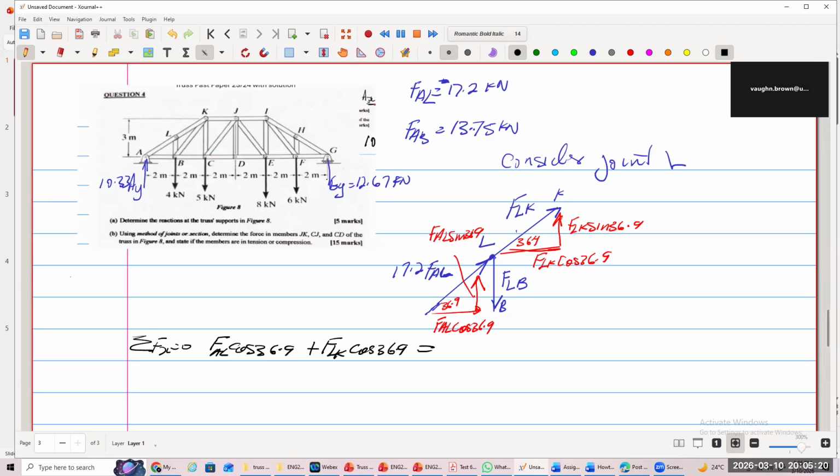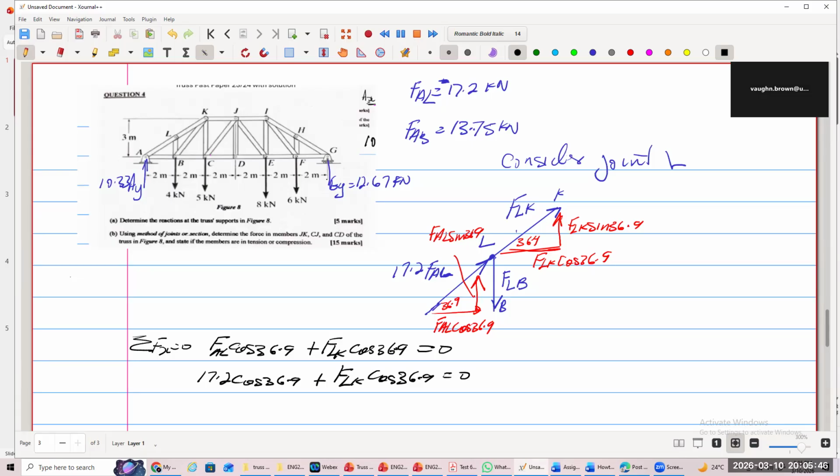No, equal to 0. I have one of these, so I'm going to substitute in the value. So FLA is 17.2. Remember, we changed the direction, so it's not minus anymore. 17.2 cos 36.9 plus FLK cos 36.9 equal to 0.